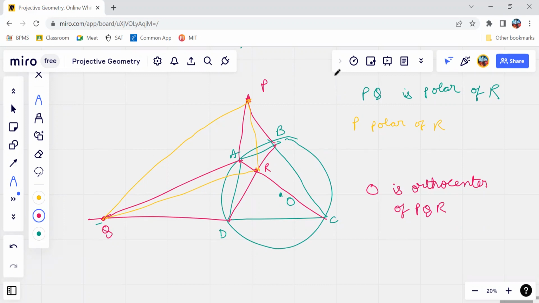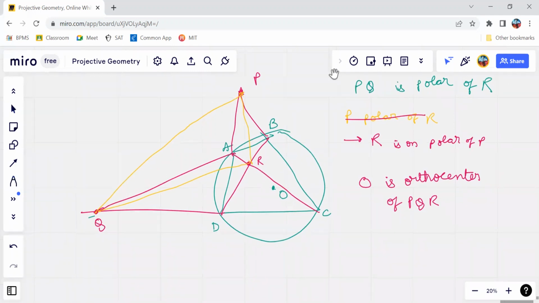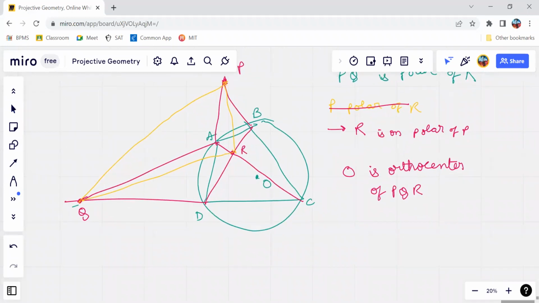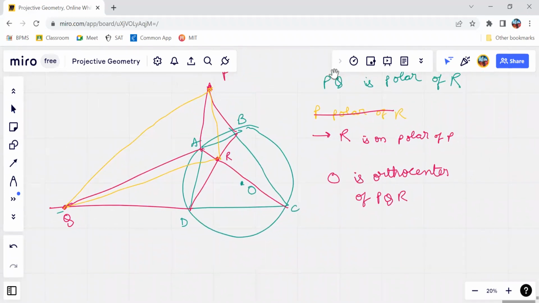So if you prove it for only one line, then you would be done. We just want to show that R is on the polar of P, which is the same. So really we just want to do it for any one of these. Any ideas? How are we going to do this?